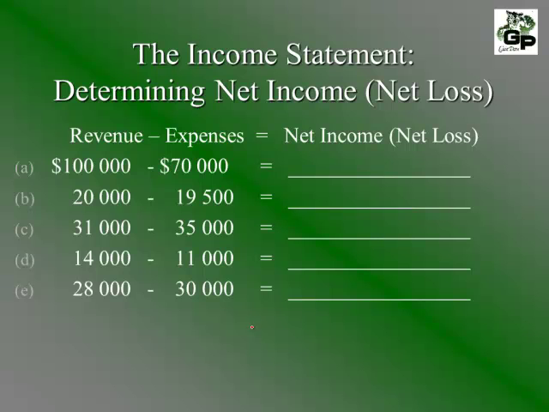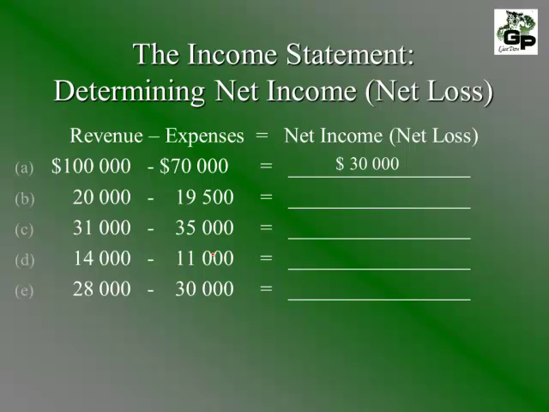Let's take a little test to see if we understand the idea of net income and net loss. In example A, we have $100,000 in revenue, $70,000 in expenses. What would the net income or net loss be? That's right, $30,000 net income. The next one, $20,000 revenue and $19,500 in expenses.